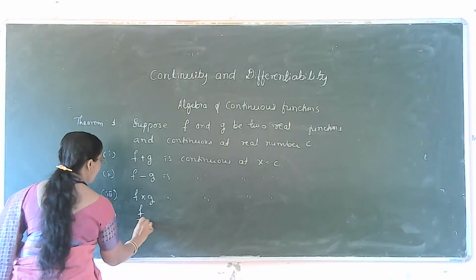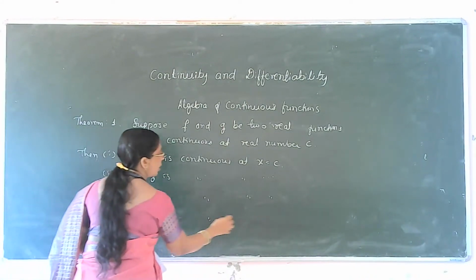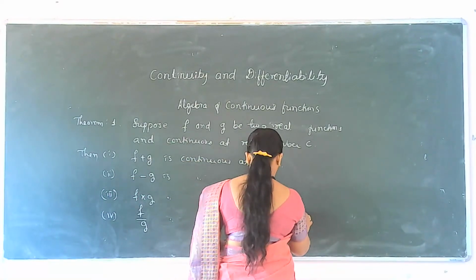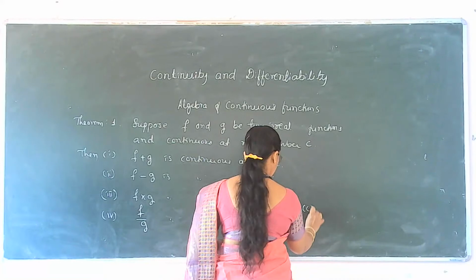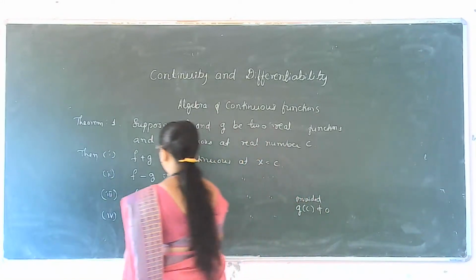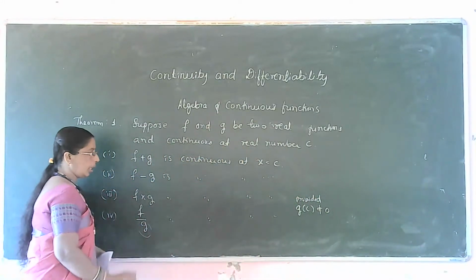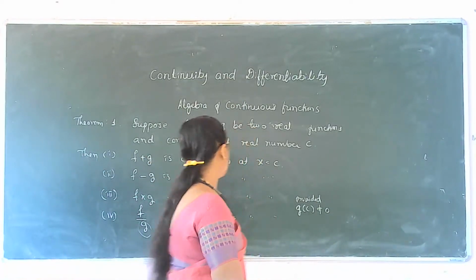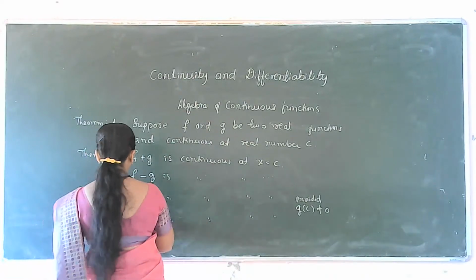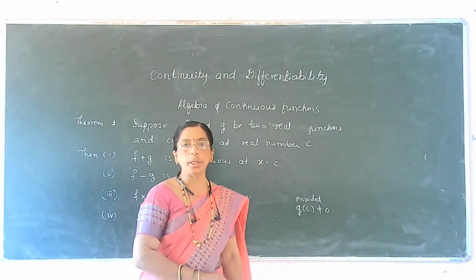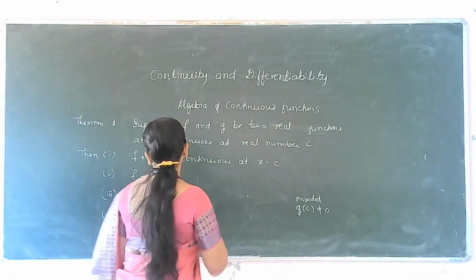Fourth, f by g is continuous at c, provided g of c is not equal to 0. Since it is in the denominator, g of c should not equal 0. Then only f by g is also continuous at c.